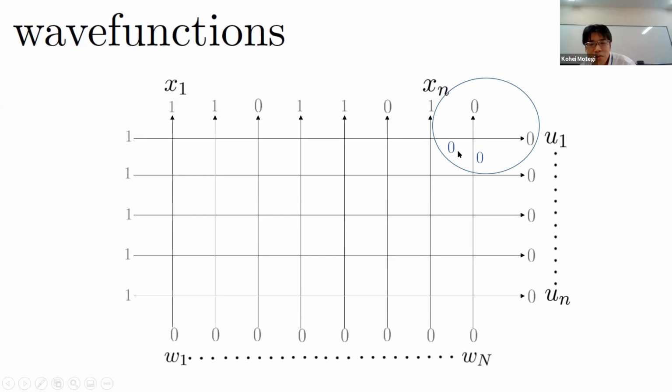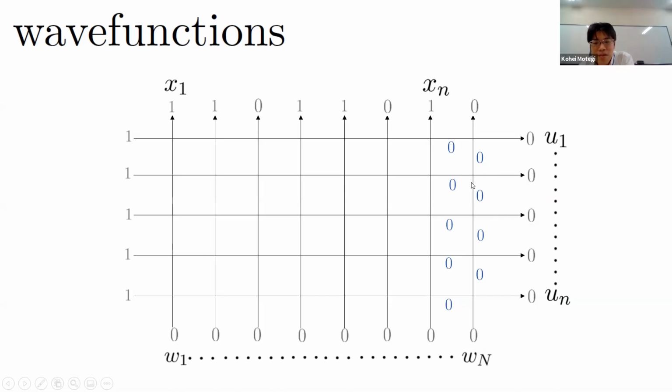So if you look at this part, you can see this is 0 and this is 0. And if you see this part, you can see this should be 0 and 0. And then after all, you can see that this rightmost column is actually frozen.